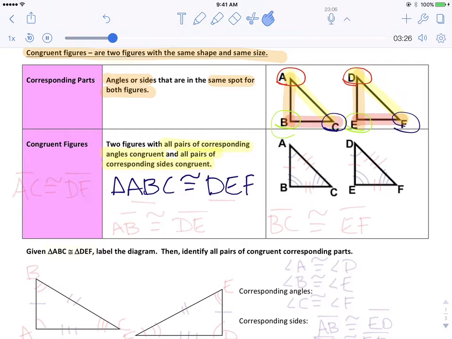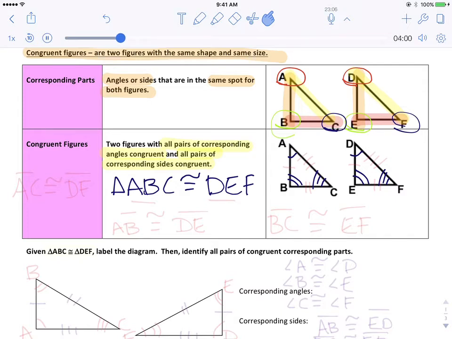So for example, in this case, angle A and angle D are going to be the ones that are congruent because they are labeled first. Then comes B, so B is going to become congruent to E, and C is going to be congruent to F. And remember that those angle markings, a single line, those two would be congruent. The two that have the double line are congruent. And then the two that have the triple line are going to be congruent.